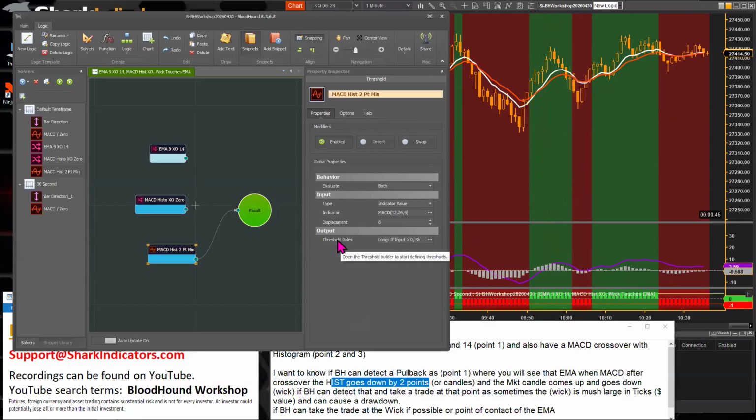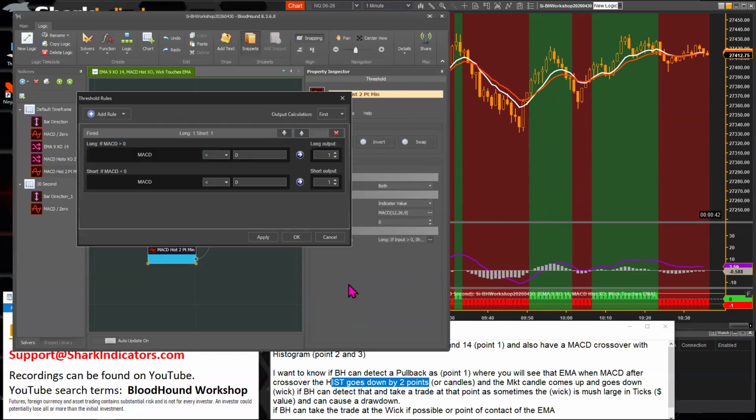All right, so we need to go into the threshold rules and identify when the MACD is greater than 2. We could include the equal symbol as well if you wanted to. Or less than -2, right? And as well, we could include the equals condition there.